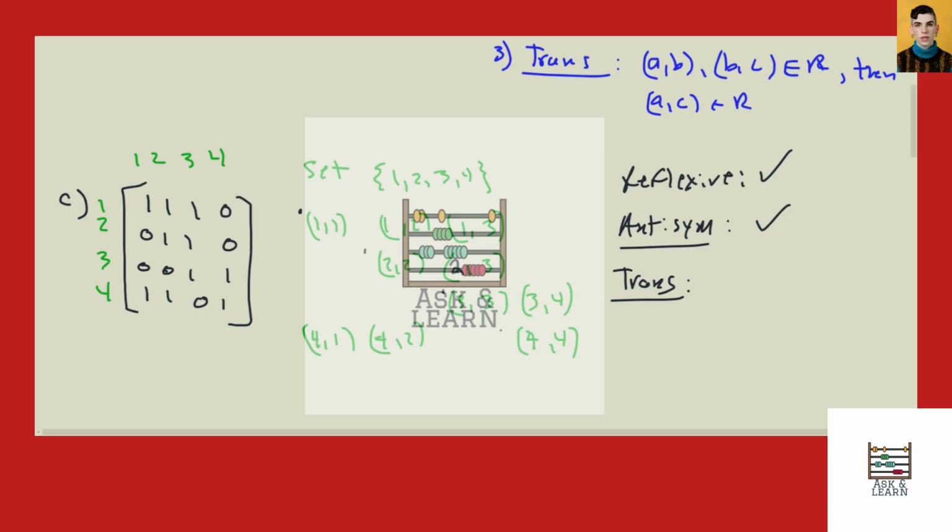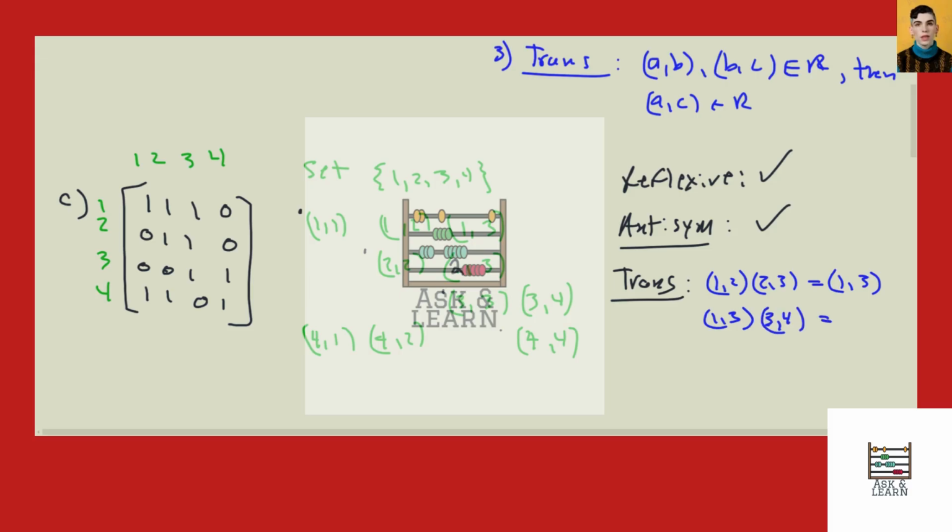And now what about transitive? Okay, well, let's start with 1, 2. We don't need to check any of the diagonals, because those are going to be trivial. We just need to check all the ones that aren't on the diagonal. So it's 1, 2, so we can go to 2, 3. So that gives us 1, 3, and 1, 3 is on there, so that's good. We don't have any other ones starting with 2, so we can go to the next one. So what about 1, 3? Well, 1, 3, we could do 3, 4.